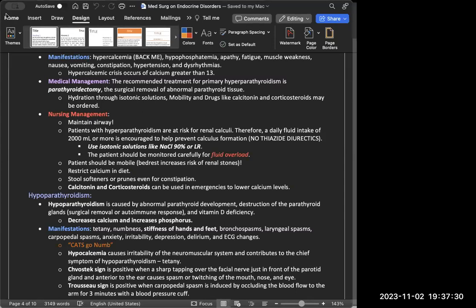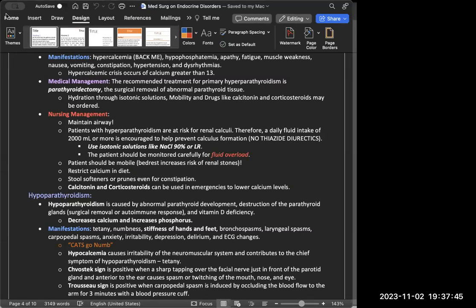Airway, right? Because if I'm going to do a surgery near someone's throat, there's always that issue of maybe blood getting into the throat and the trachea, right? So we need to make sure we have a patent airway. That's going to be our priority, right?